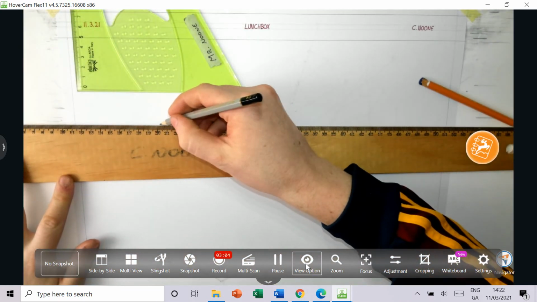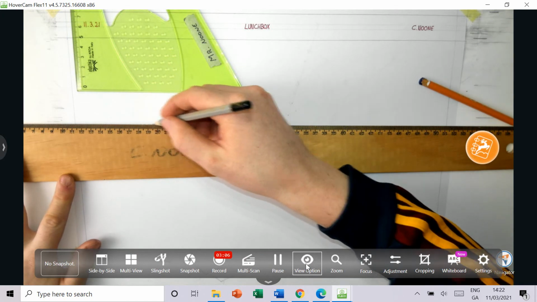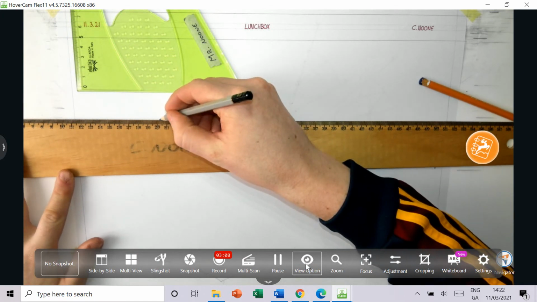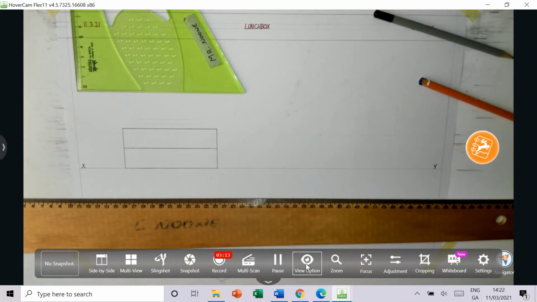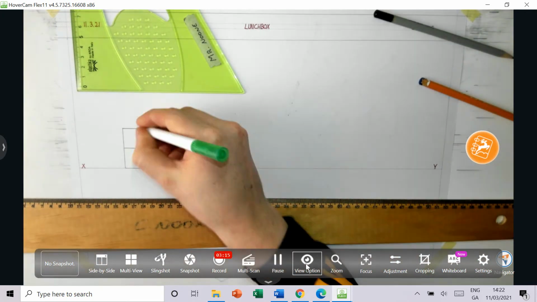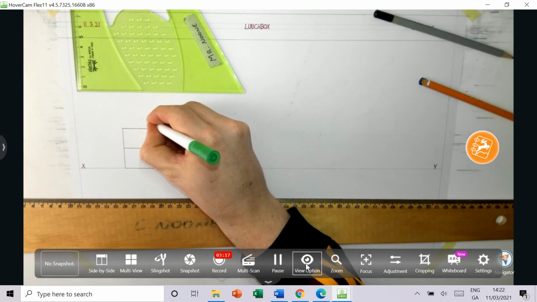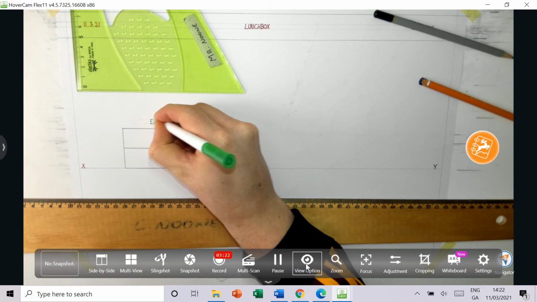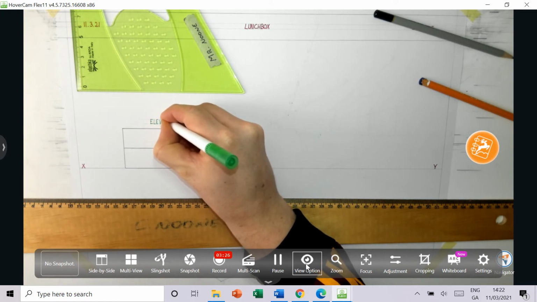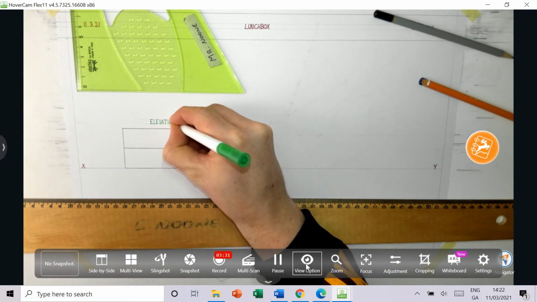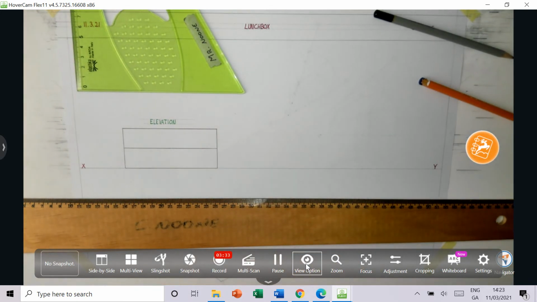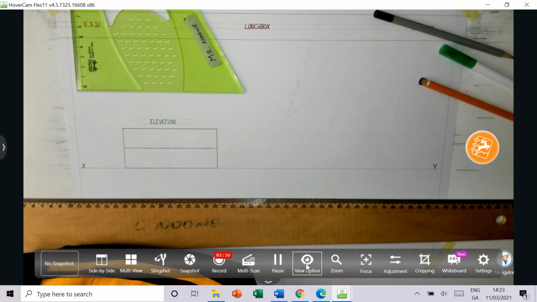And draw two construction lines. And I'm just going to label that elevation. Okay, so that's A now complete.